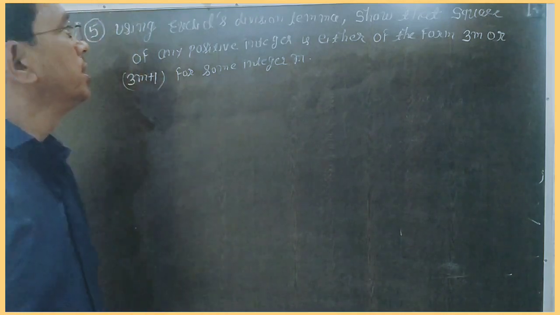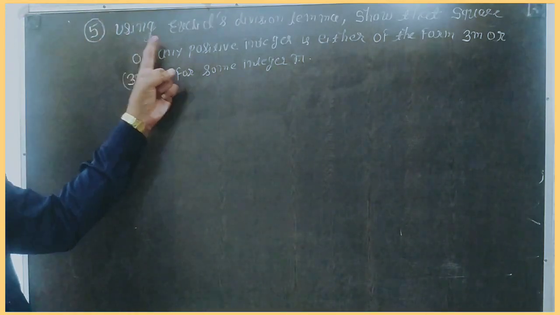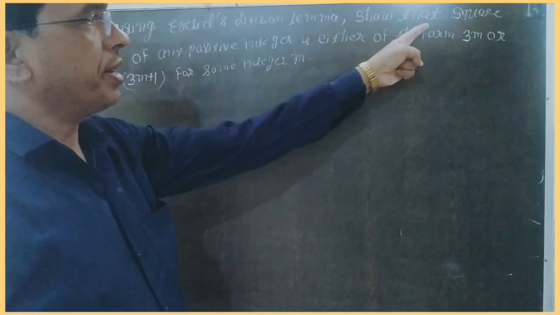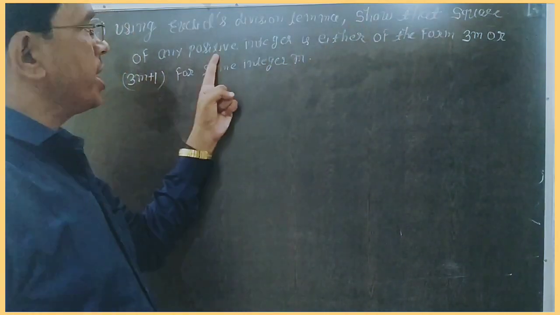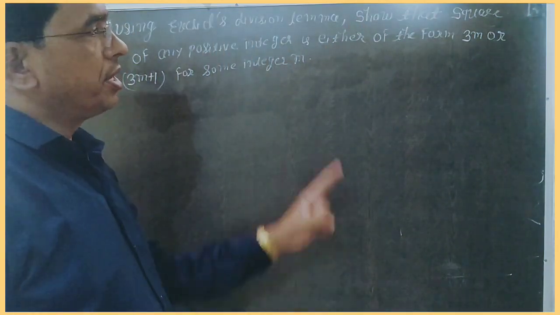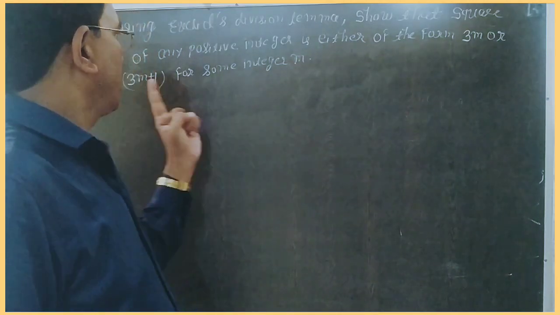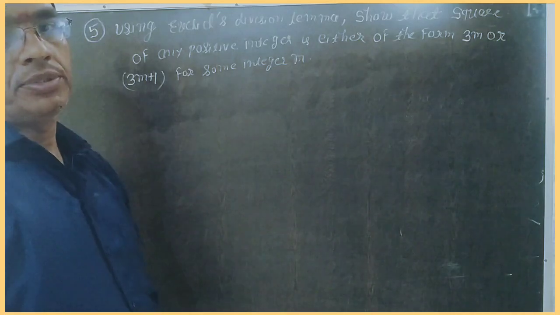The question is: using Euclid's division lemma, show that the square of any positive integer is either of the form 3m or 3m plus 1.